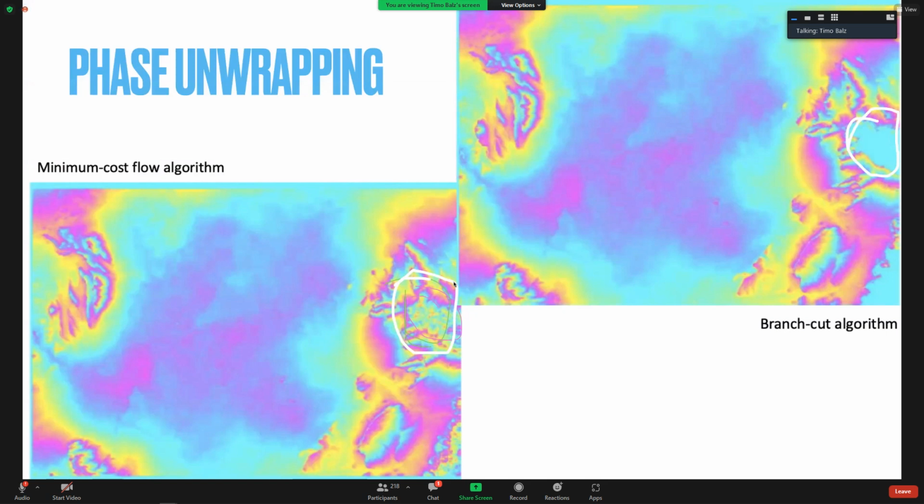So, for example, if you look on the right side, there are fewer phase differences here. So maybe in that example, that one is going to give you less noise there, or a smoother DEM at the end. While on the left side, that one may give you exactly that topographical difference in that area that you're looking at.